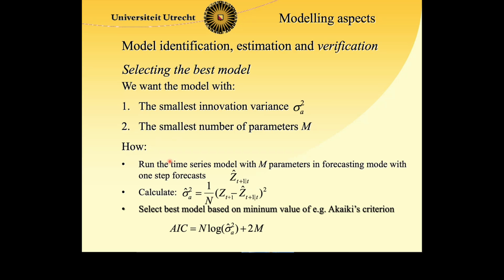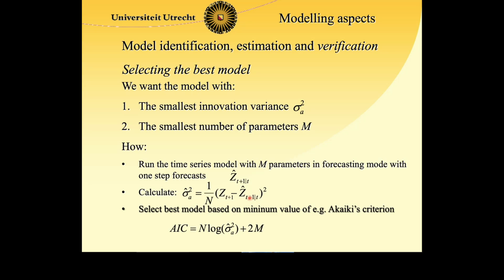And how is that done in practice? Suppose you have one single model, an ARMA(p,q) model, and then you use different orders of that model in forecasting mode. So we fit an ARMA(1,1) model, an ARMA(2,2) model, a (2,1) model, all different combinations. And we use each of these models to do one-step-ahead forecasts. Then we calculate the variance of the residuals. This is our actual observation, and this is the forecasted one with the fitted model.